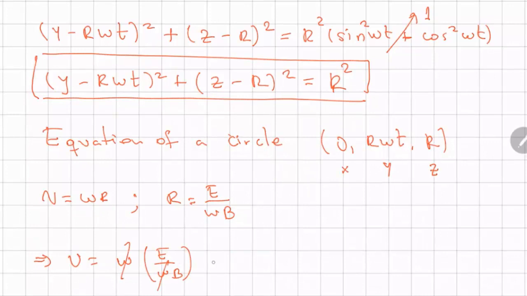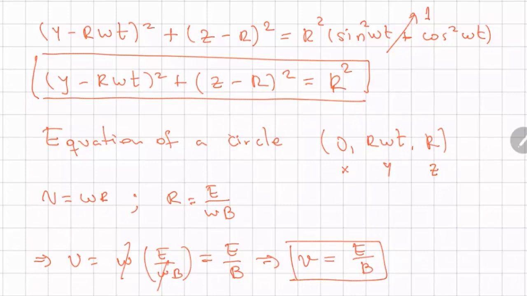We cancel w with w and we get that v is equal to E dividing B. So guys, the particle moves like a spot on the rim of a wheel, rolling down the y-axis at the speed v. So the curve that is generated in this way is called a cycloid.